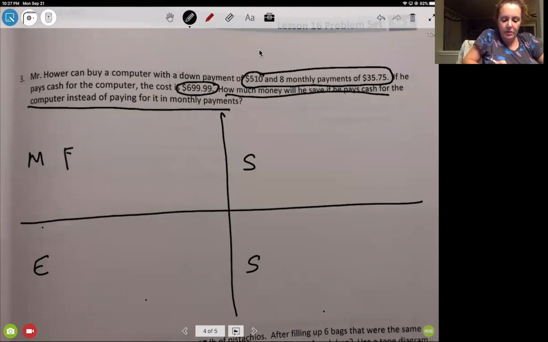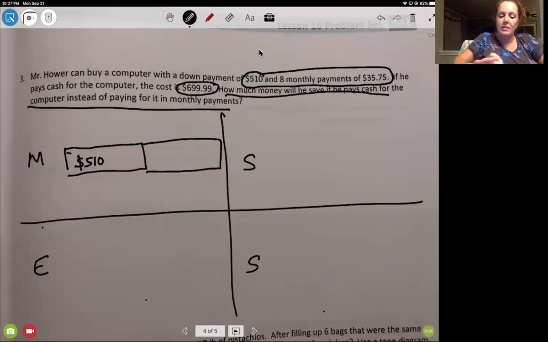So the first plan, he pays $510 plus 8 monthly payments of $35.75. I'm just going to make this different by putting a different color, making 7 lines to make 8 spots, and I can't fit in that they each are worth $35.75, but they're going to repeat.